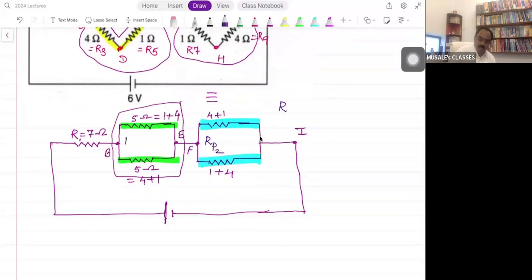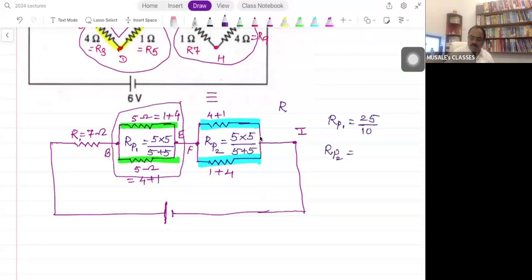Now I told you, whenever we have a parallel combination, what will I get here? This I will denote by RP1. How much? Product upon sum. Here also product upon sum. So RP1 is 25 upon 10, RP2 is also 25 upon 10.